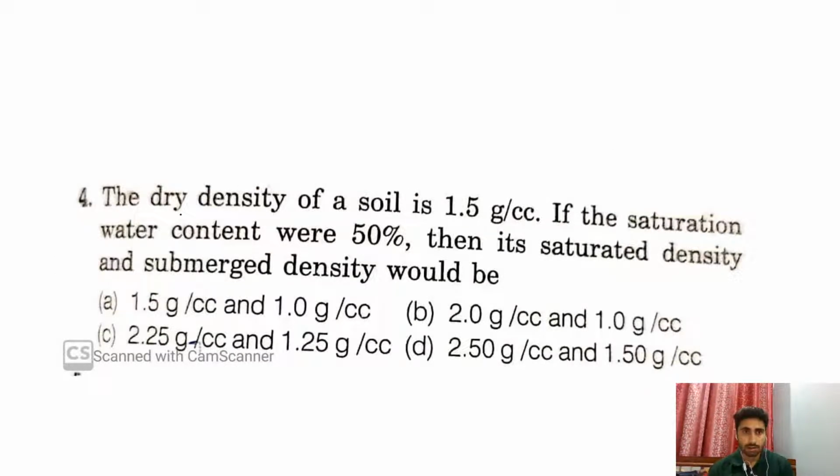The dry density of a soil is 1.5 gram per cubic centimeter, dry density rho d.